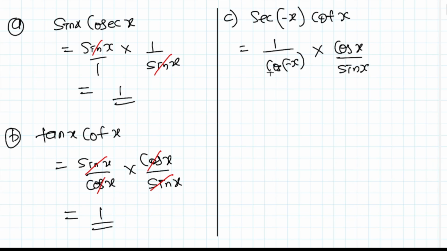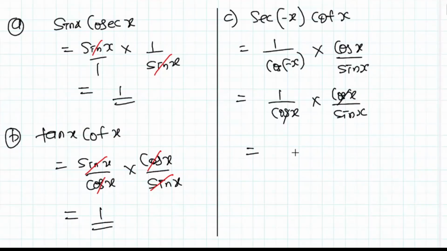Okay, you know that cosine is an even function, so 1 over cos(-x) is the same thing as 1 over cos x, multiplied by cos x all over sine x. So this cancels this, and then we have the answer. The answer is 1 over sine x, which is equal to cosec x.